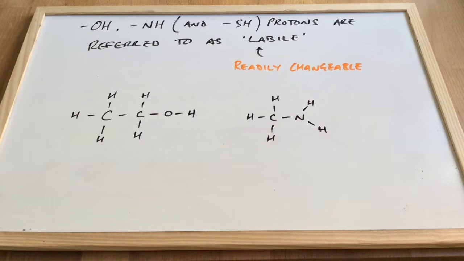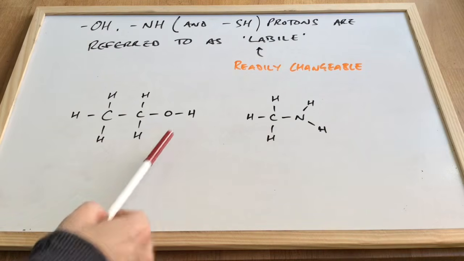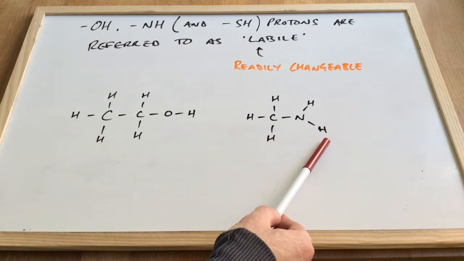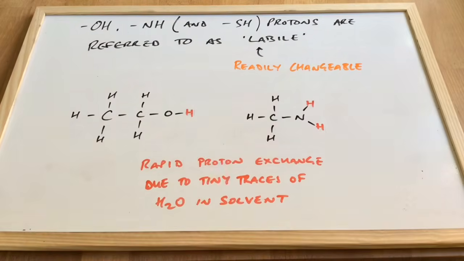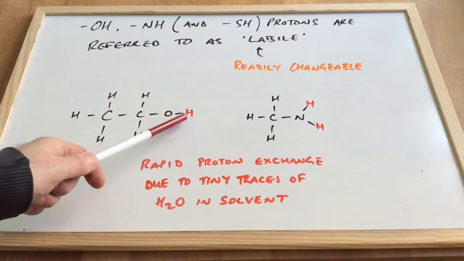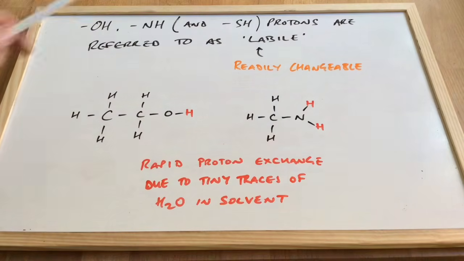So what that means is, if there's any tiny trace of solvent present, so there might be a tiny trace of water present, then the protons in the water can rapidly interchange with this proton here, and the same with these here. And the overall effect of that is it makes the signals very, very broad. And the other thing is we don't get the signal from this proton being split by these labile protons either.